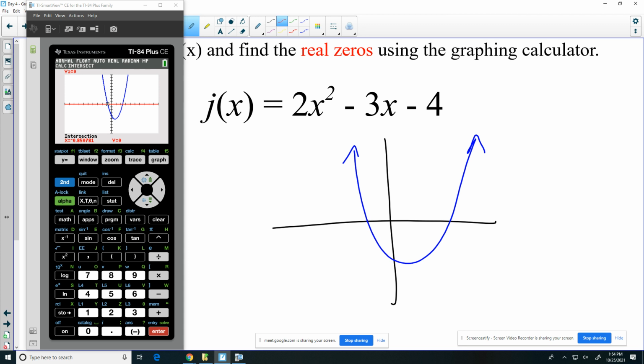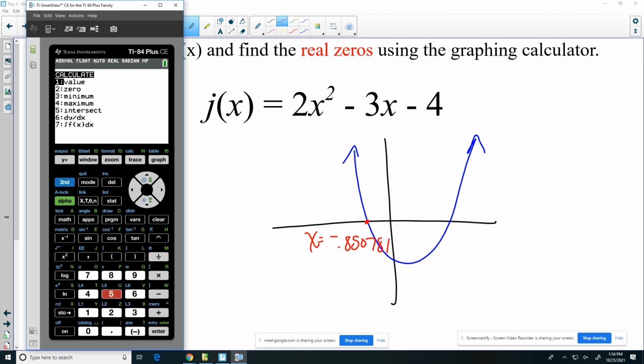So x equals, don't forget the x equals, please, negative 0.850781. Thank you. Second calc, I make mistakes all the time, so it's nice somebody actually acknowledges that it's right. And then I'm going to get close to the second point of intersection. Whoa.